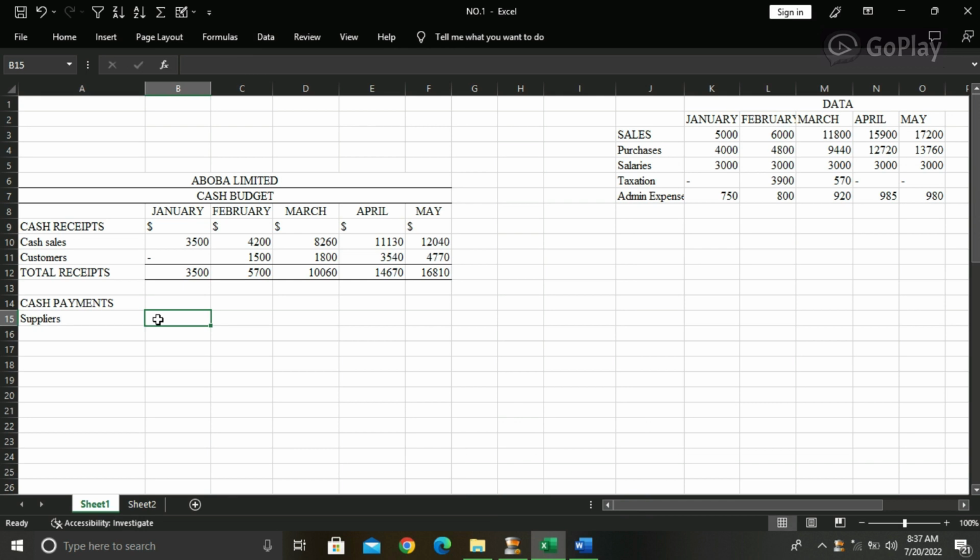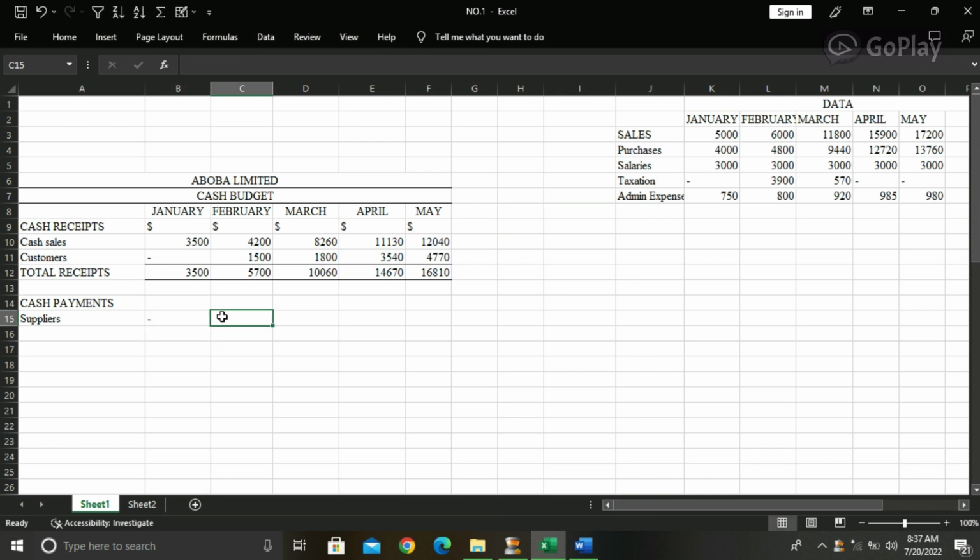Now in January, the purchases we made in January will be paid for in March, because it is 2 months after the purchases. So it means that we are not going to pay anything to our suppliers in January, because there is no information about December and there's no information about November purchases. So in this case, January here will be dashed. We will not pay anything to our suppliers.